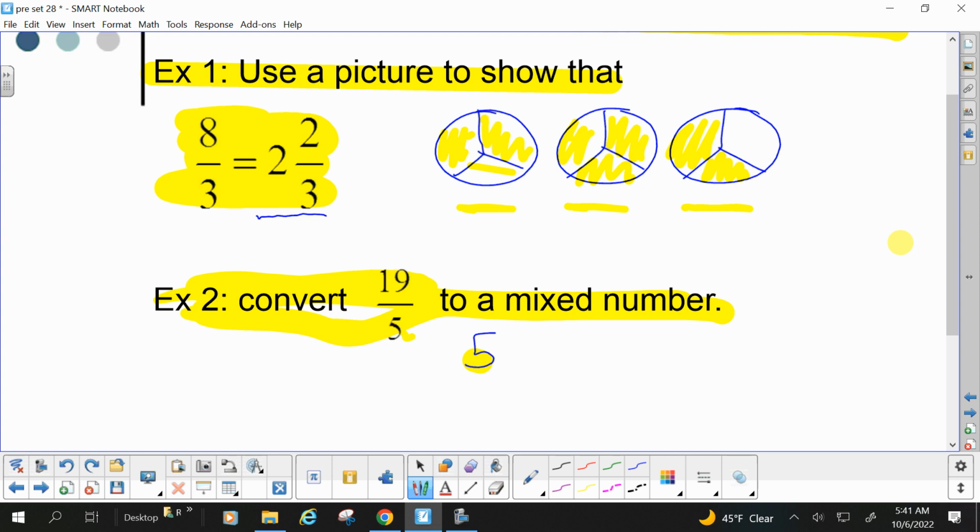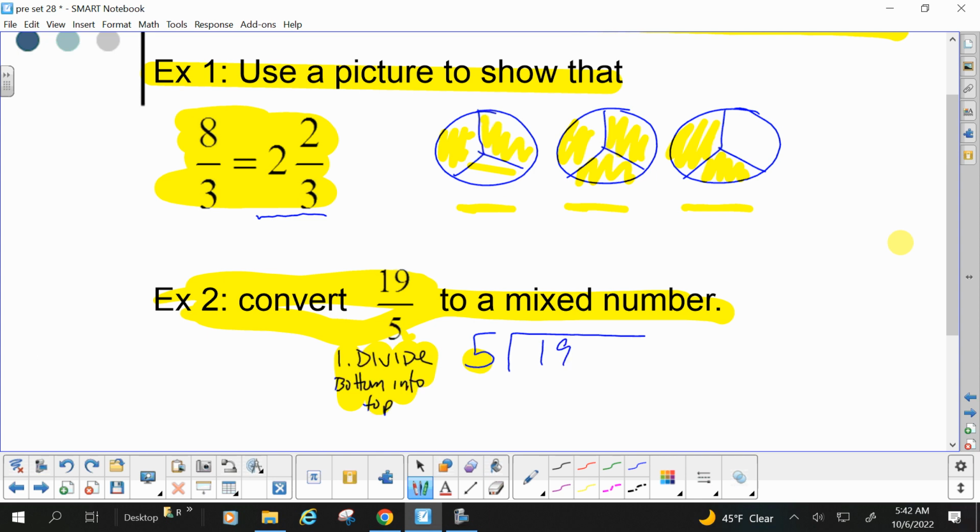If I divide the bottom into the top, get those steps down, please. Divide the bottom into the top, then I divide 5 into 19.